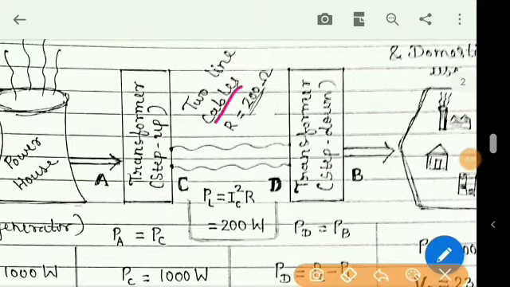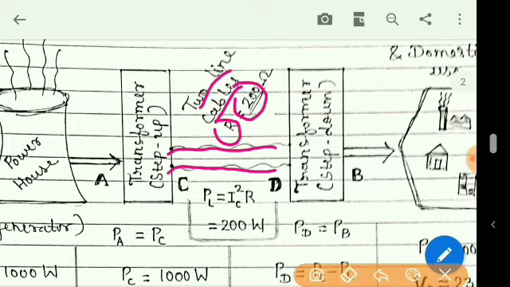These cables, they are made up of good conductors, but still there is some resistance in it. Now here suppose the resistance is 200 ohm for both the cables in all, that is total resistance is 200 ohm.